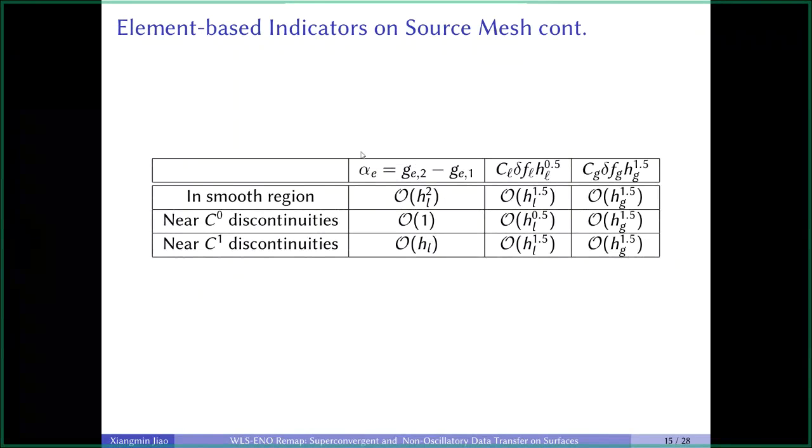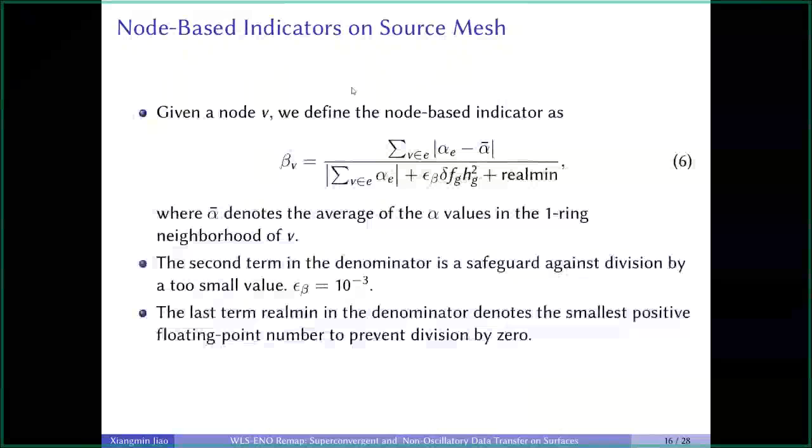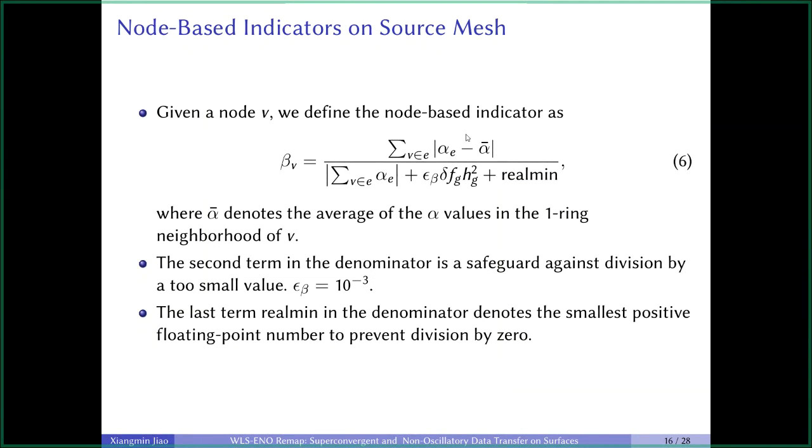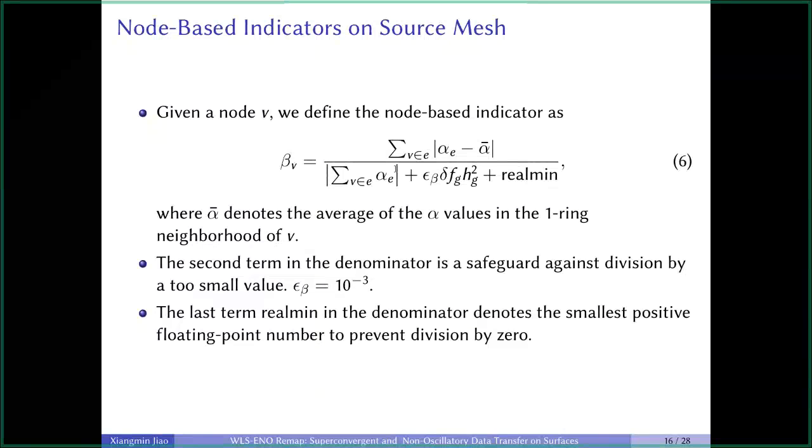This is for elements. Now we are doing node-based transfer. So we need to transfer the element-based indicator to nodes. And for that, we basically take the neighborhood of the node and then evaluate its variations against the total sum of the absolute values.